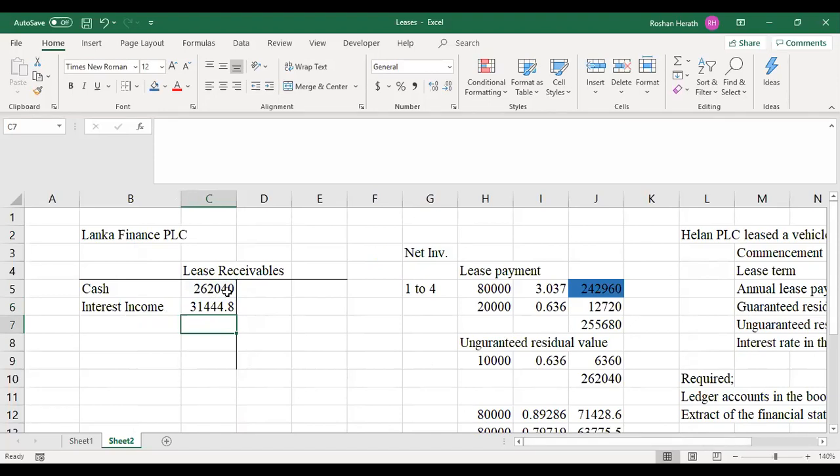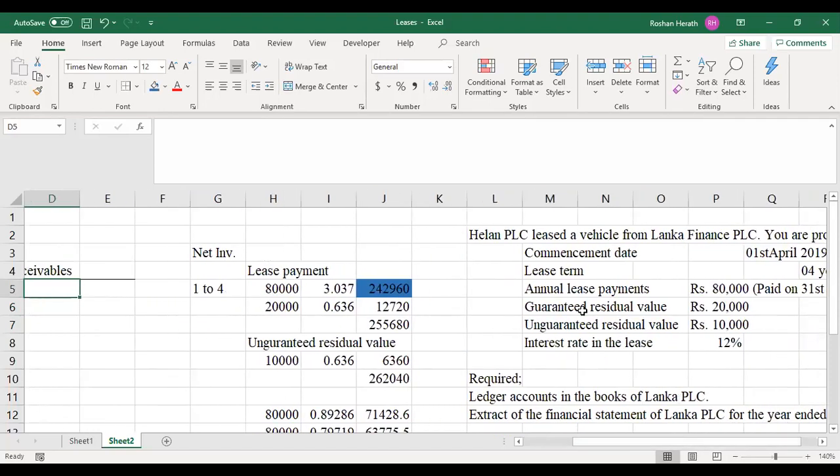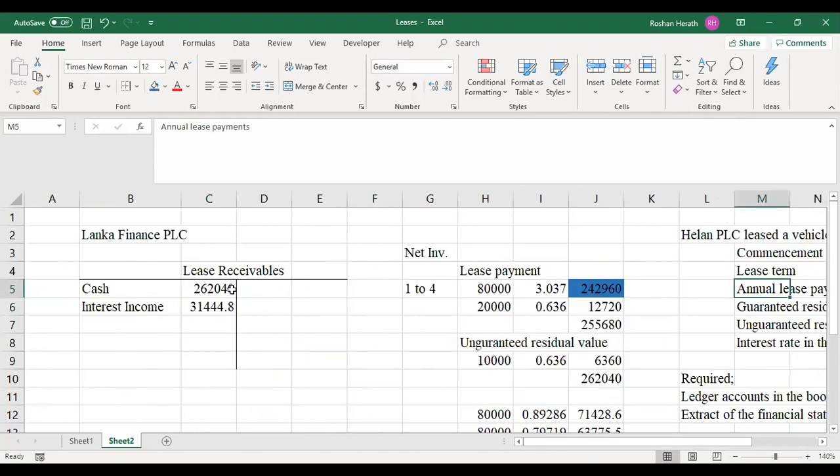Okay, it's interest income. Now, at the end of the lease term, you can see the annual lease payment you will be receiving from Helen PLC. It's paid on 31st March. So at the end of the first year, you receive cash. How much? 80,000. That's it.